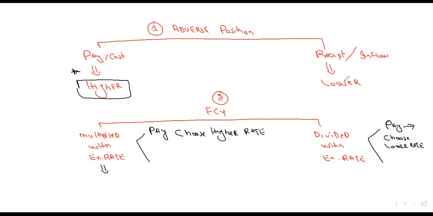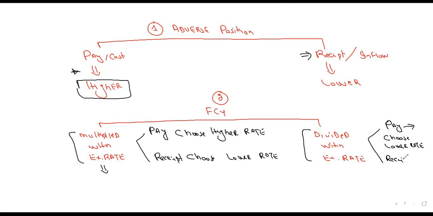Now, if we talk about the receipts, to get the lower receipts, choose the lower rate, when multiplying. In the multiply case the same criteria is applied, but in the case of divide, the opposite.